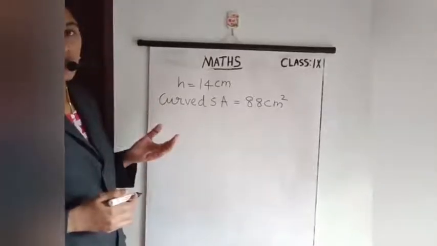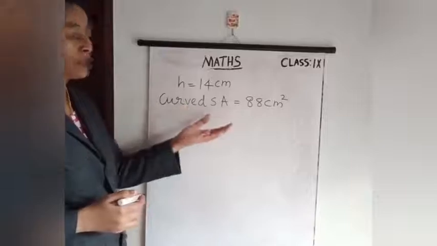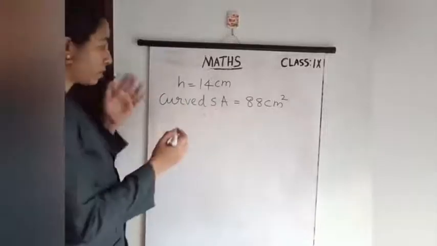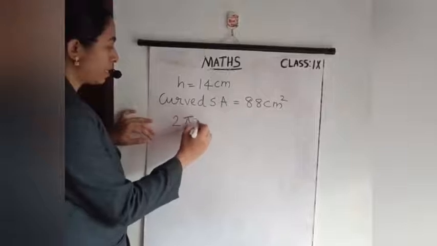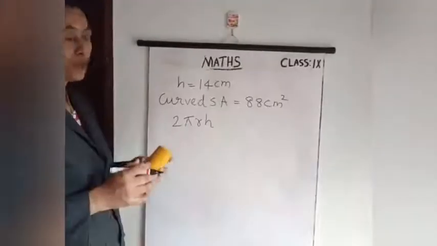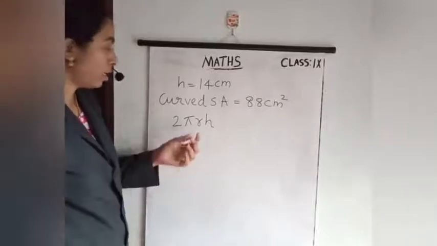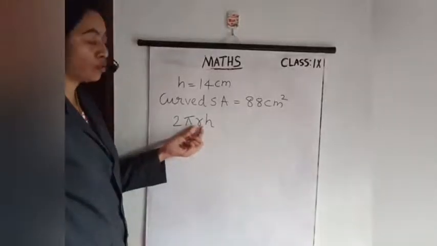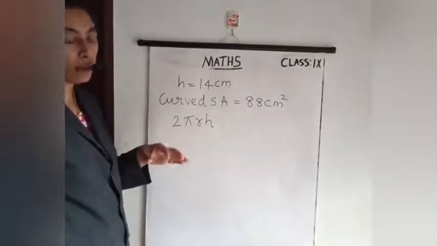So in the question the given height is 14 cm and curved surface area 88 cm square. Now the formula for finding curved surface area is 2 pi r h. We need to find its diameter. So first we use this formula to find the radius, then double the radius is the diameter.